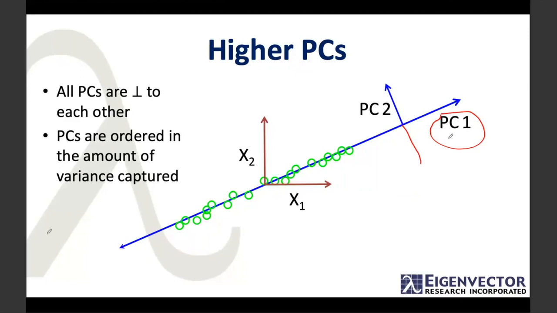And as we go to higher dimensionality data, this still holds. So PC3 is going to be orthogonal to PC2 and PC1, and PC3 is going to capture less variance or explain less variance than either PC2 or PC1.